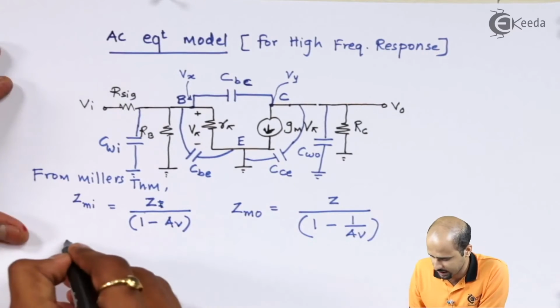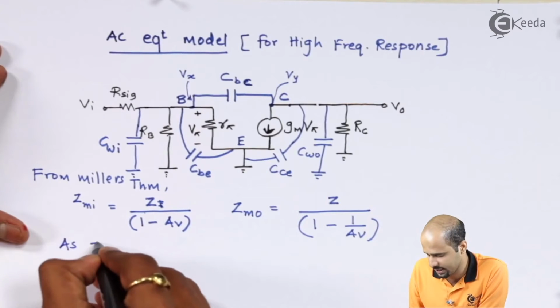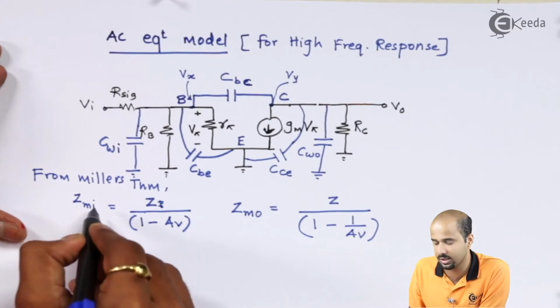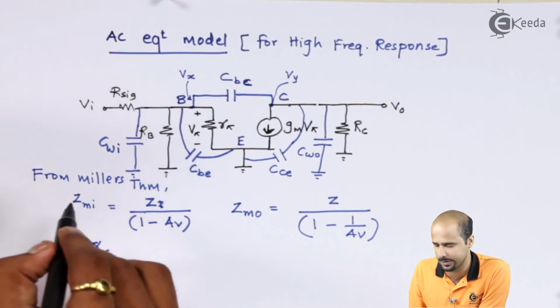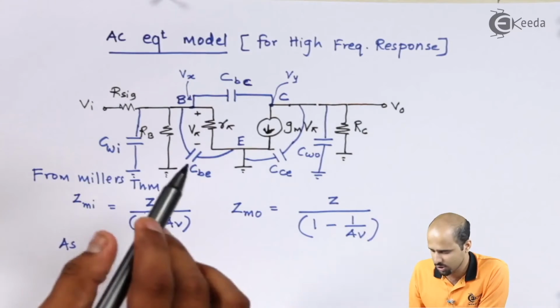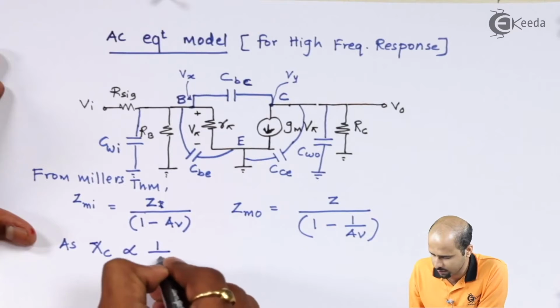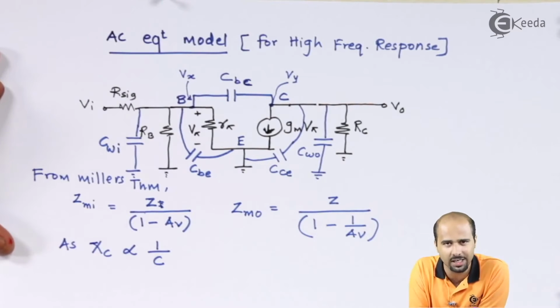So what we will say is that Zmi is in the form of capacitive reactance and Z is in the form of capacitive reactance itself. XC is inversely proportional to the value of C. Agree with that? Yes.